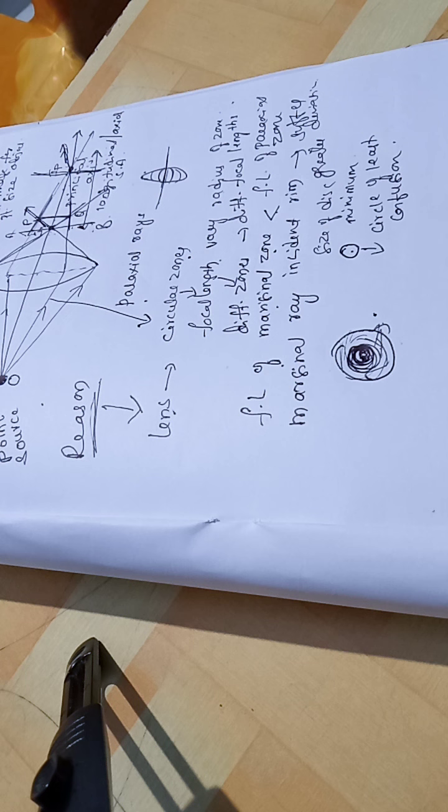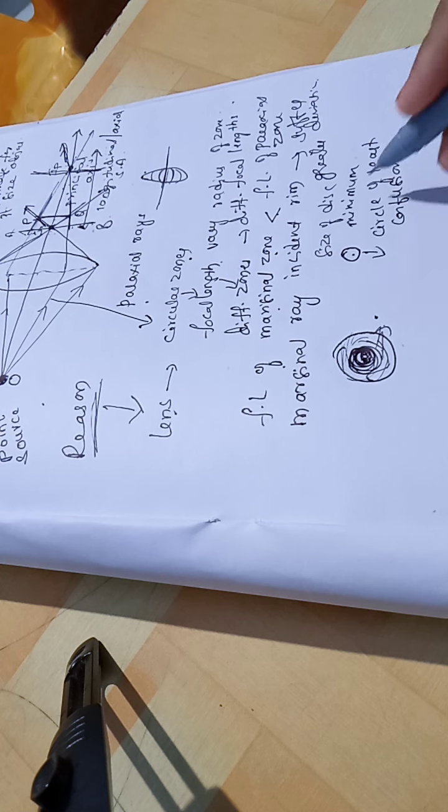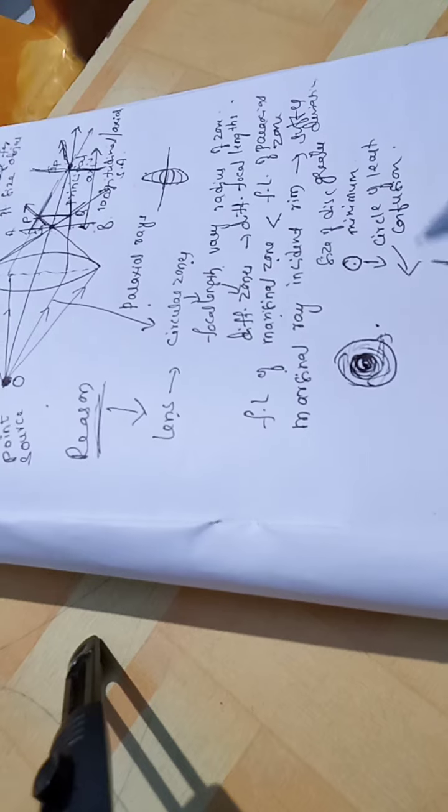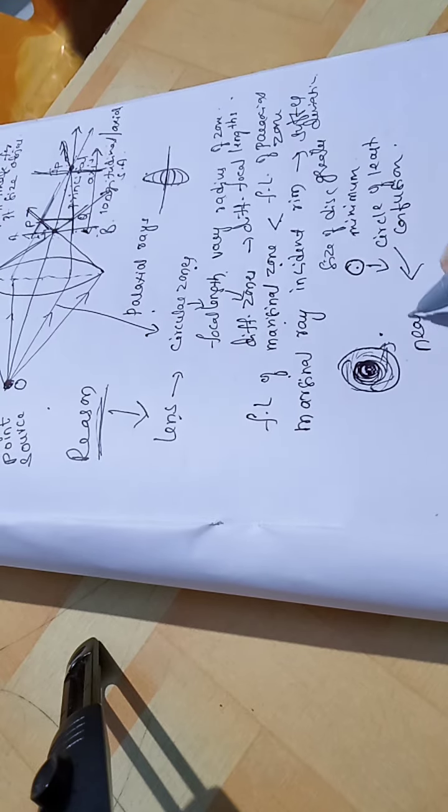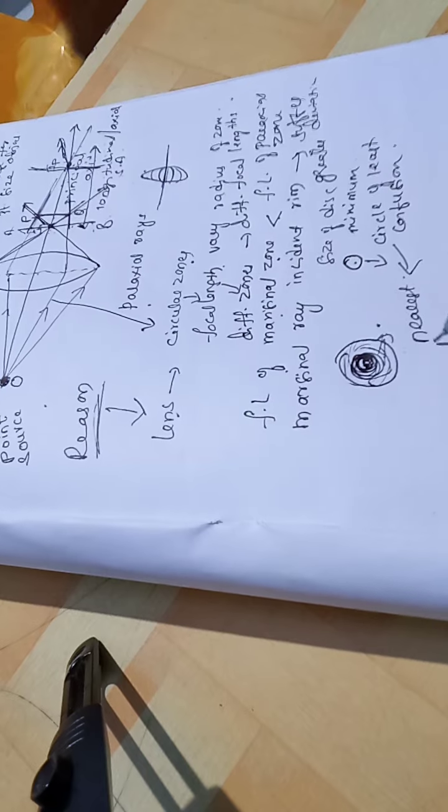They cross each other also, we can say. At that particular point, the size of the circular disc is reduced, and this we call the circle of least confusion.